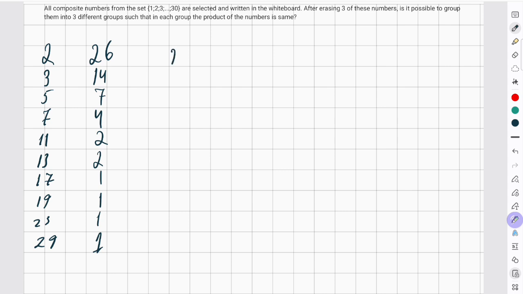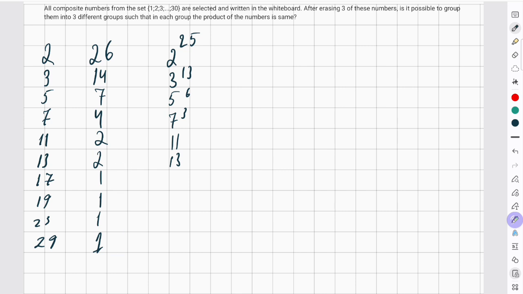So in the end we are left with: 2 to the power 25, 3 to the power 13, 5 to the power 6, 7 to the power 3, 11, 13, and the remaining ones will be 1, because we will get, for instance, 9 to the power 0, and it is 1. We don't need this part from here to here.